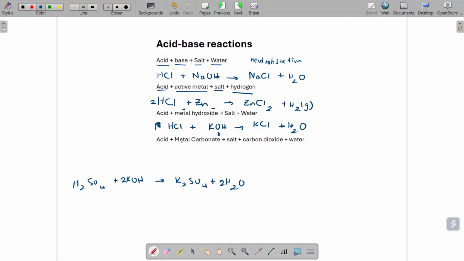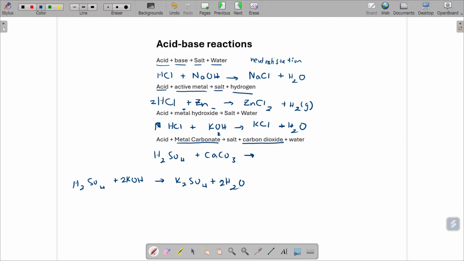Finally, if we look at an acid plus a metal carbonate, this gives us a slightly different product in that now carbon dioxide gas is released. So let's look at H2SO4, sulfuric acid, plus CaCO3, calcium carbonate.